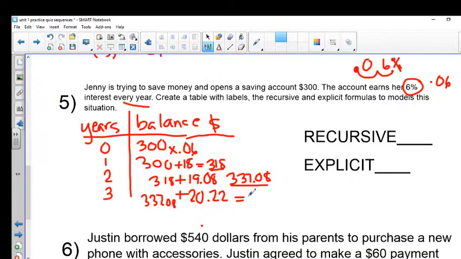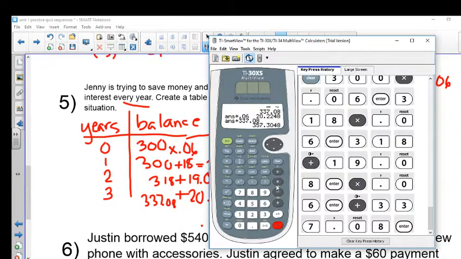$357.30. And guys, my calculator said a little bit more than that, but we are talking about money, so we're only going 2 decimal places. Like if you see this answer, 357.3048. Well, we know we only go 2 places after the decimal. So that says 30. But we always have to double check.